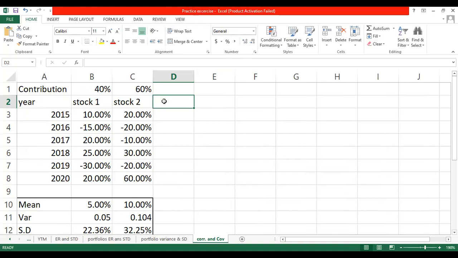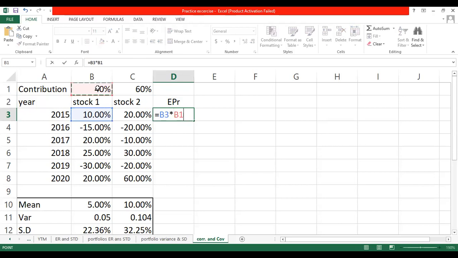So we will see the expected portfolio return. We can write it like this, or even we can write EPR, expected portfolio return, whatever abbreviation you call it. Now the portfolio return for 15, for 16, for 17, 18. What we will do is apply equals return of stock 1 multiplied by the weight of stock 1.